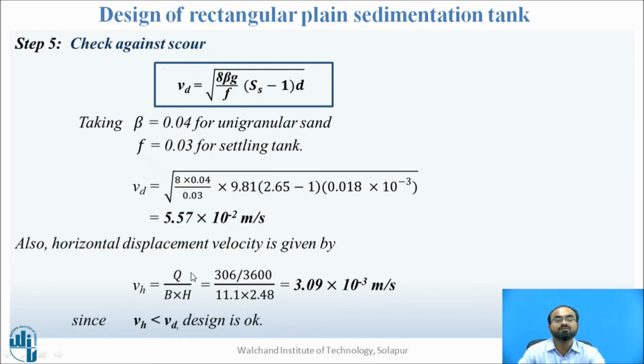As the horizontal velocity is smaller than the Vd, our whole design is correct. It means that the horizontal velocity is lesser than the settling velocity of the particle, so all the particles will be settled, that is 100% efficiency as per our design will be reached.